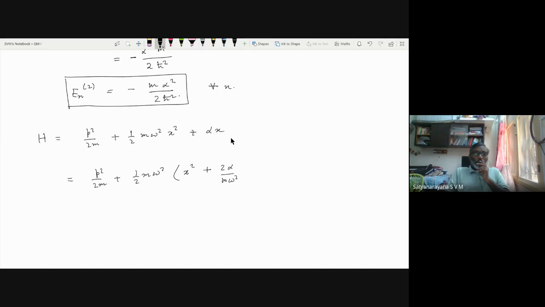Since I am pulling out half m omega square, the 2 will cancel, and it becomes alpha x.